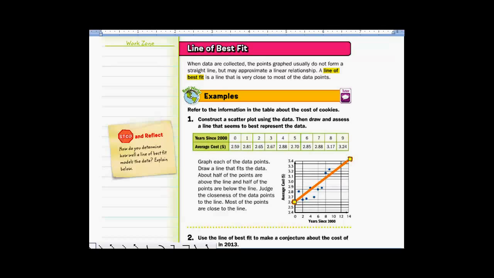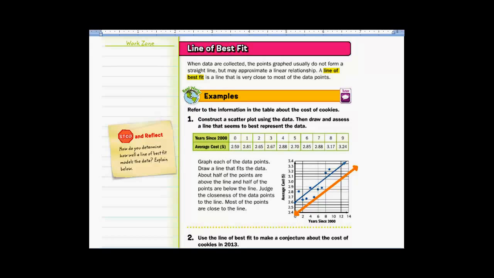Not necessarily the one that goes through the most points, but that your data points are about the same amount above and below. Here we've got 4 slightly above, we've got 5 below. It went through some of them. So it doesn't have to go through the most, it just needs to model what it looks like. And then we're going to be getting the slope and the y-intercept that goes with that.